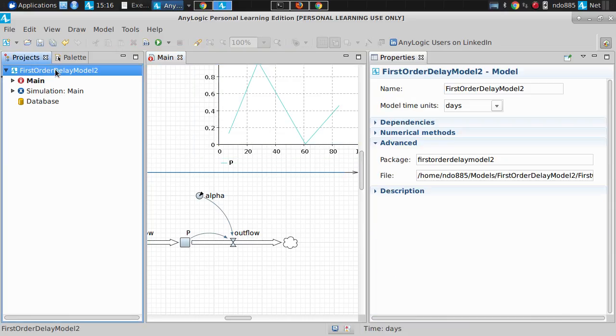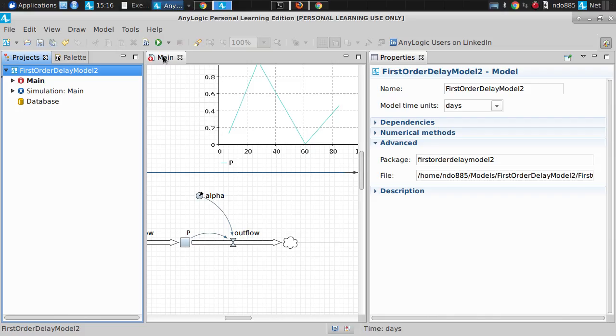Rowan, if you go to the model as a whole, make sure that your model time units are days. That'll be our yardstick for measuring time, but it provides the default time unit for lots of things we drag in.